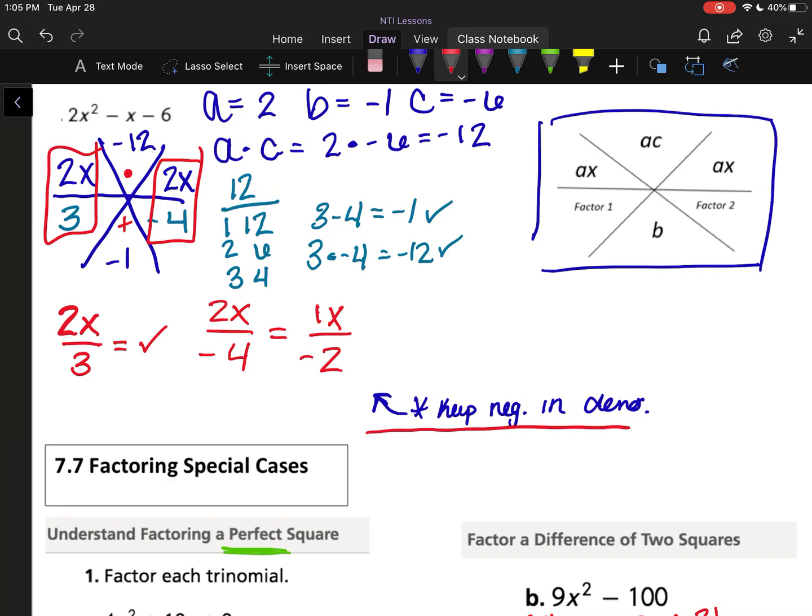That's going to help you as we write our two binomials of 2x plus 3 times x minus 2. See where this negative here became that minus there. That's why we want to put that negative in the denominator when we have one. And see, we just factored when a wasn't 1, and it only involved one more step of simplifying a fraction.